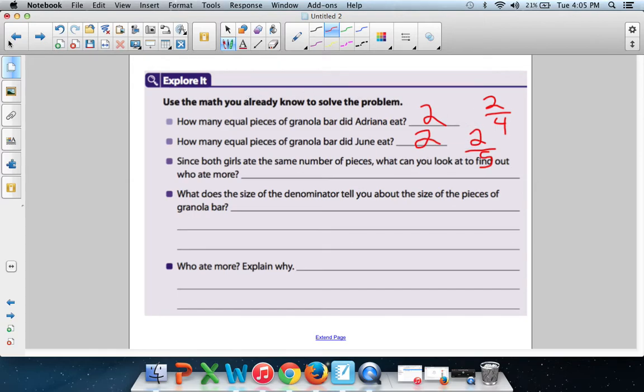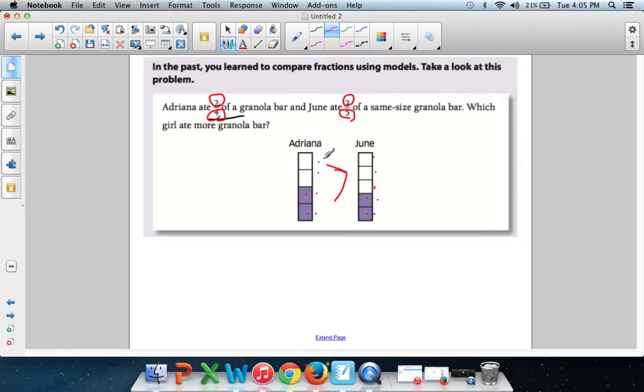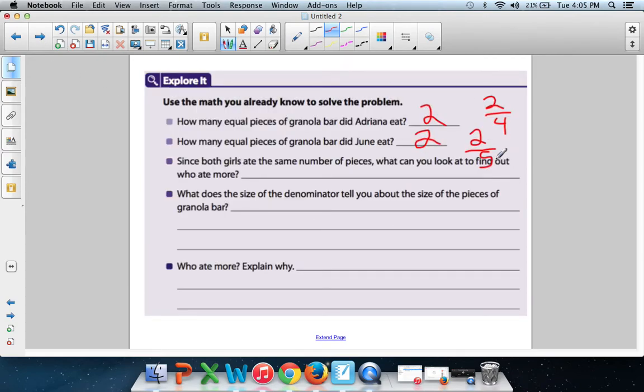Well, remember, we already discussed that Adriana's 2/4 was greater than 2/5. You can see that right there. A little more is shaded than over there. So if 2/4 is bigger than 2/5, and the top numbers are the same, what can you look at to decide which one's bigger? You look at the denominator, the bottom number.